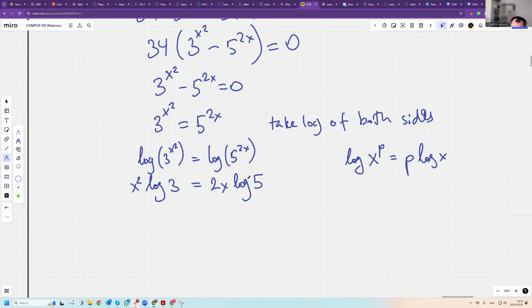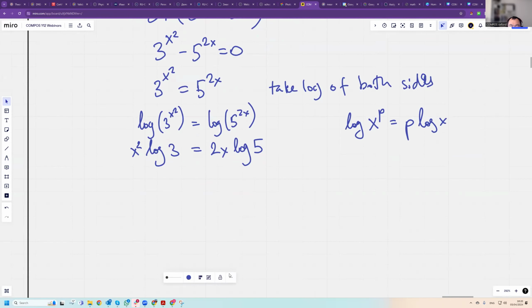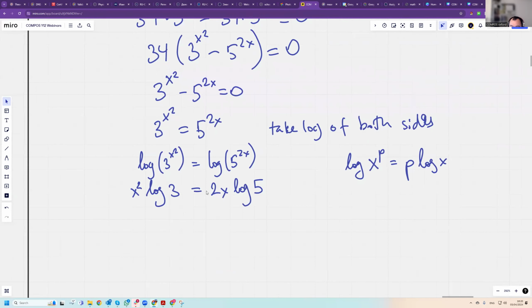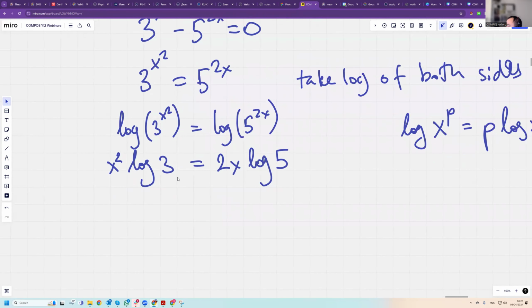And now you take everything to the left. It's going to be x squared log 3 minus 2x log 5. Oh, before writing this, what is the temptation here? What is the first thing that comes into your mind here that you shouldn't do?